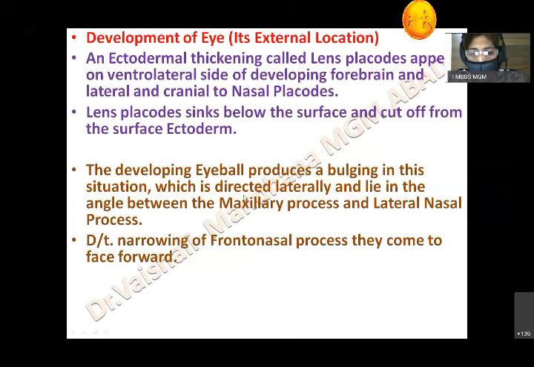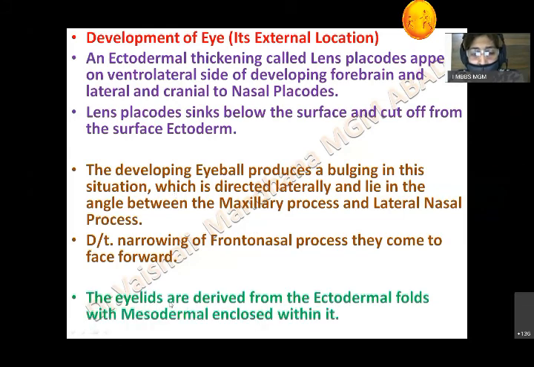Now it should again go to its normal position. How does it occur? The narrowing of the frontonasal process gives us the normal position of the eye. So because of the narrowing of the frontonasal process, the eyes are shifted to their normal location.